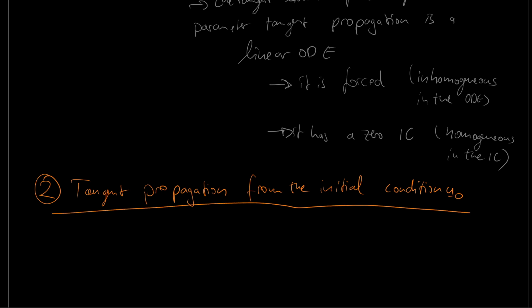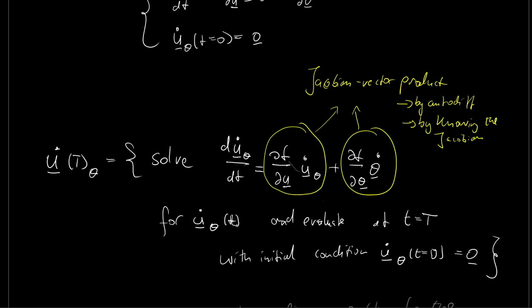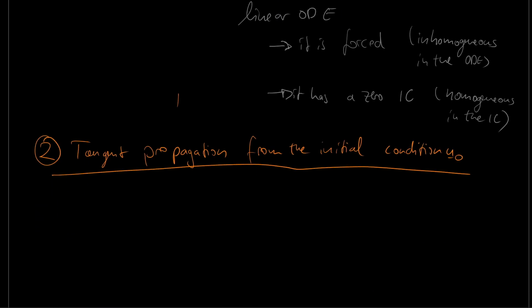If we now go into the analogy of neural ODEs and multi-layer perceptrons, that would mean if you want to propagate tangents from your input to your neural network, whereas in point 1 we propagated tangents from the parameter space of our neural network, because classical MLP problems usually live in these two spaces, both a parameter space as well as a state or input space. And for this very first problem, we propagated from the parameter space, and now we will propagate from the state space.